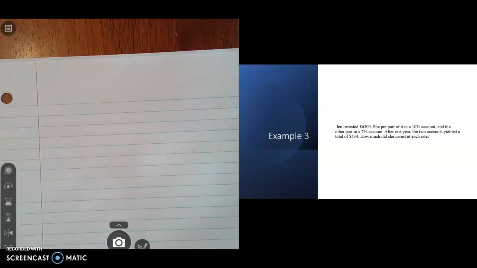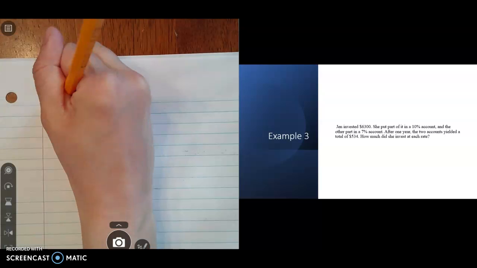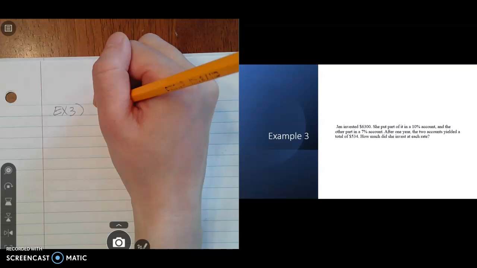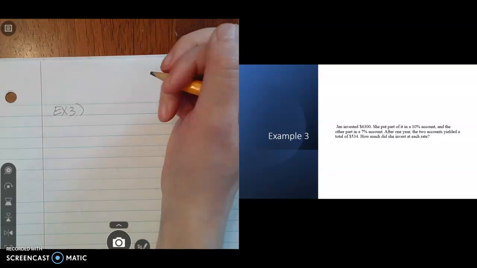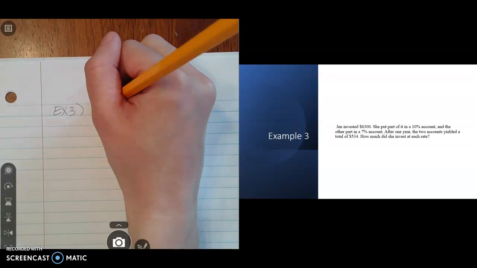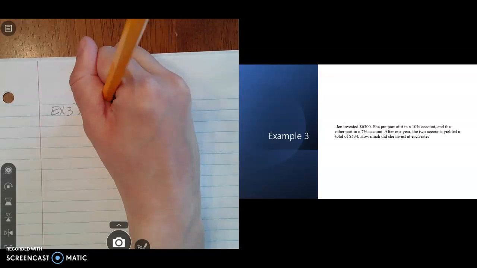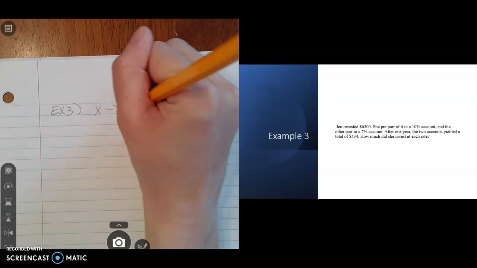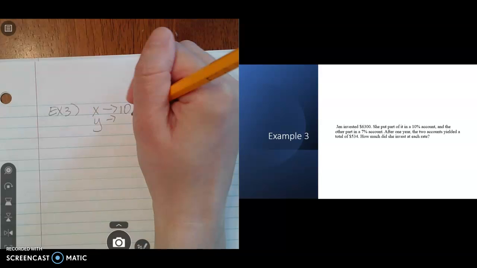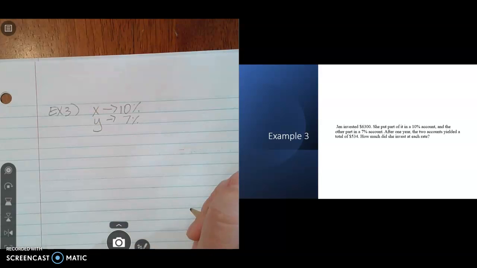So the first thing I'm going to do is define some variables on this one. I want to know how much she invested at the 10% rate and how much she invested at the 7% rate. There's not really easy variables, so we'll just use x and y. I'm going to say x is the amount that she invested at the 10% rate, and y represents the amount that she invested at the 7% rate.